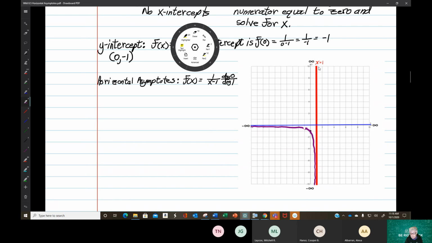Famous last words? Okay, now that doesn't wiggle. It gets closer and closer and closer, but never actually touches the vertical asymptote, or you'll have an explosion. Nobody wants that.